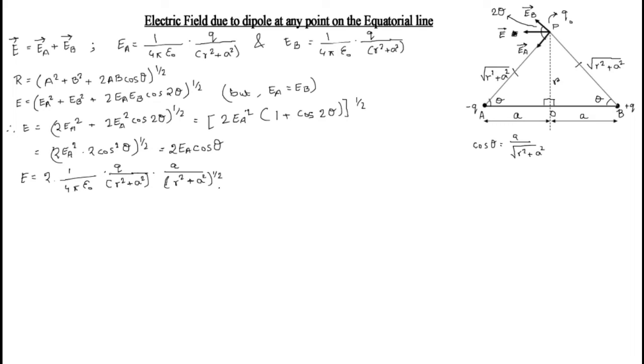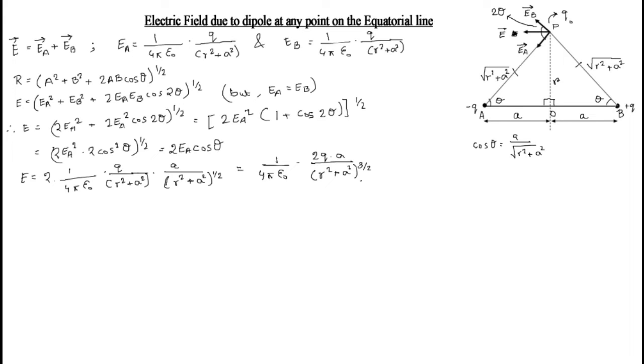So we will calculate this and it becomes 1 by 4 pi epsilon naught, 2 into q into a by r square plus a square to the power 3 by 2. See if you have got this or not, right.